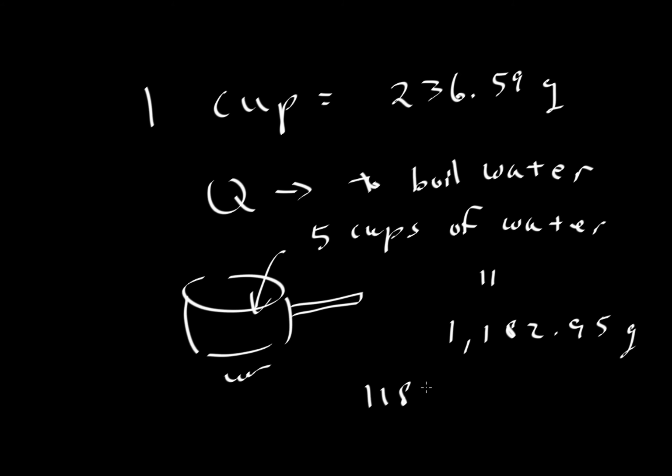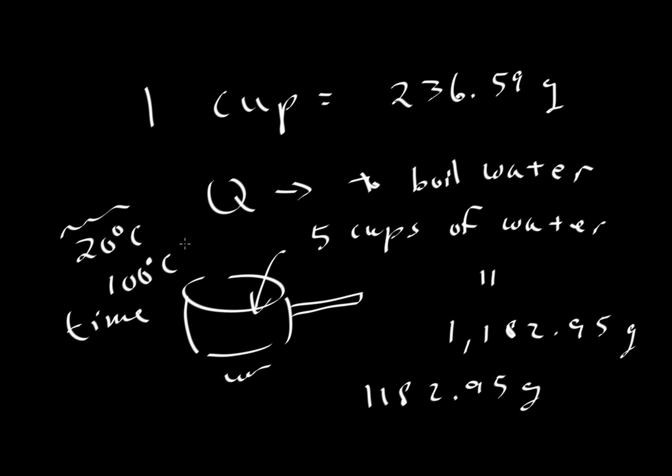So 1182.95 grams of water. What you can do is figure out the amount of time, measure the time that it would take to bring that water up to boil. So if it starts out at room temperature, about 20 degrees centigrade, and if it boils at 100 degrees centigrade, then it's the same kind of setup we've had so far.